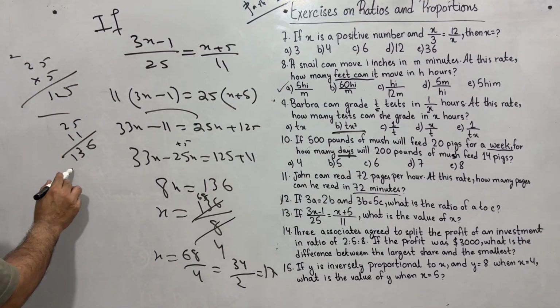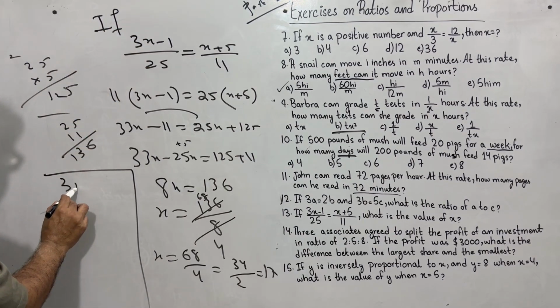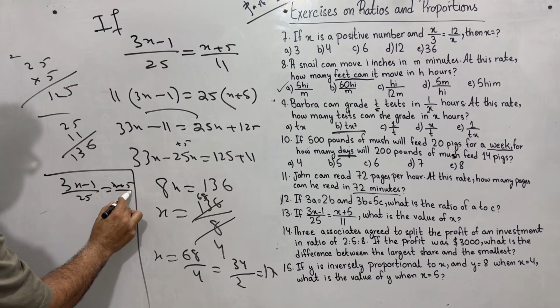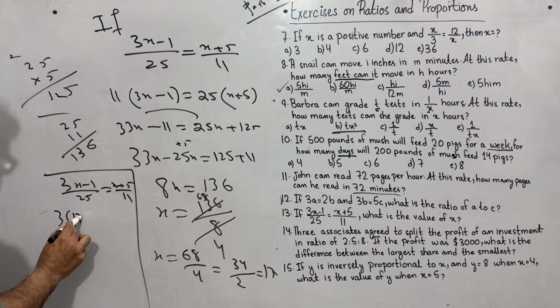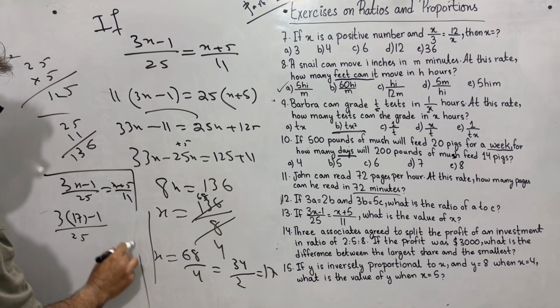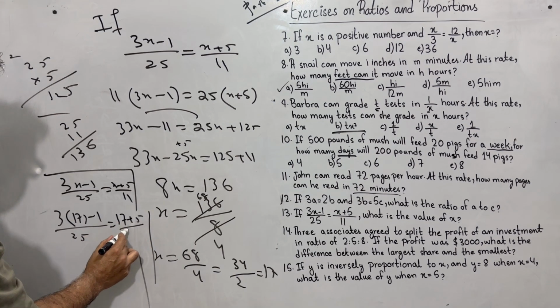One can verify from the options by directly putting in the value. 3 times x minus 1 over 25 is equal to x plus 5 over 11. What is x? 17. 3 times 17 minus 1 over 25 is equal to 17 plus 5 over 11.